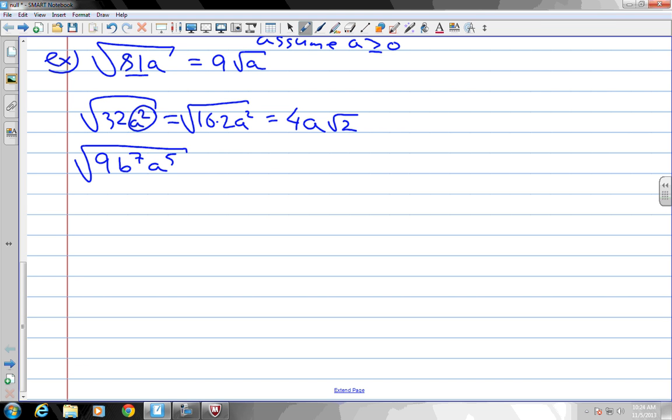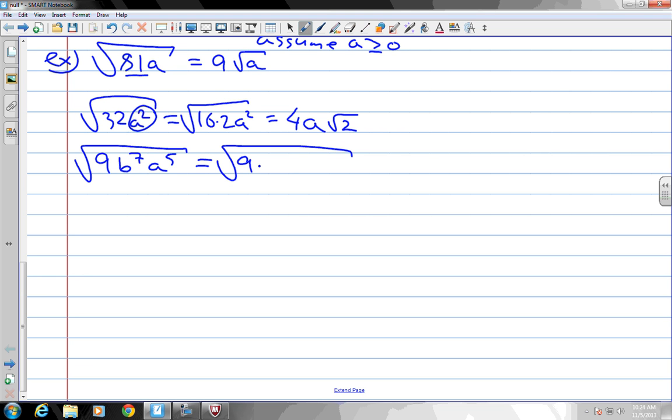Okay? 9 is a perfect square. I don't have to mess with it. So I'm just going to keep it there. Well, b to the 7th is not, because it's an odd power. But just like with examples before, can I rewrite b to the power 7 as a product of a perfect square and something else?